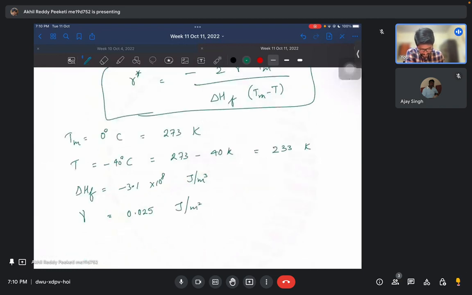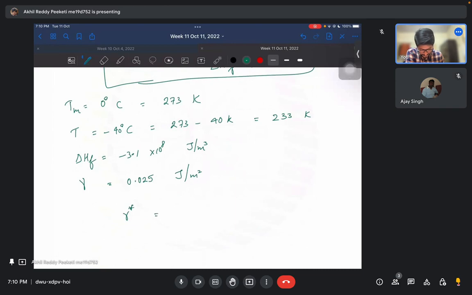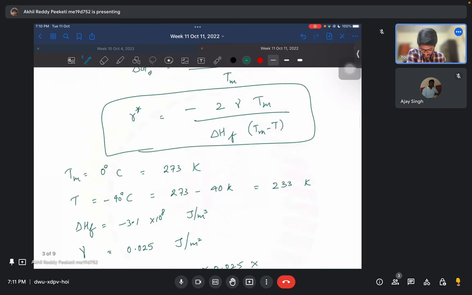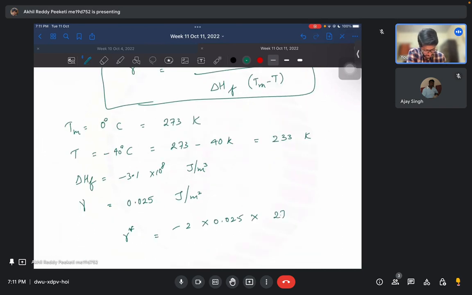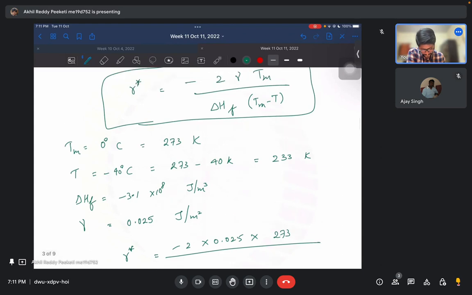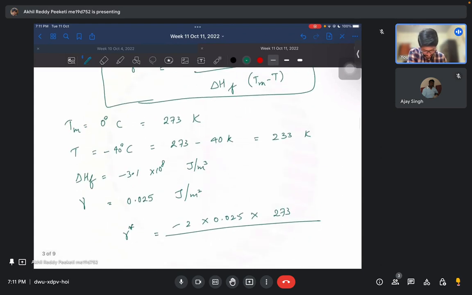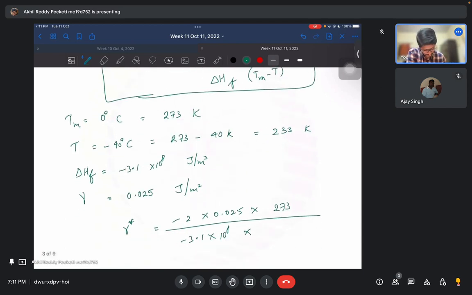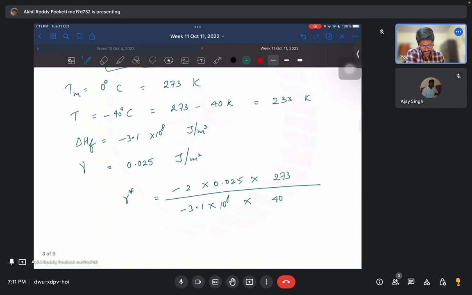joule per meter square. So if you substitute this, the critical radius would be minus 2 into 0.025 into the melting temperature 273 Kelvin, divided by the latent heat of fusion minus 3.1 into 10 power 8 into Tm minus T, so 40.